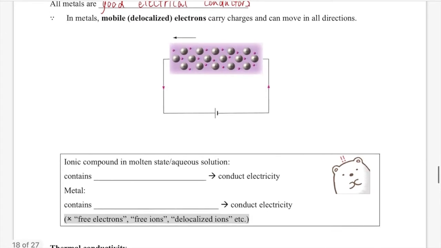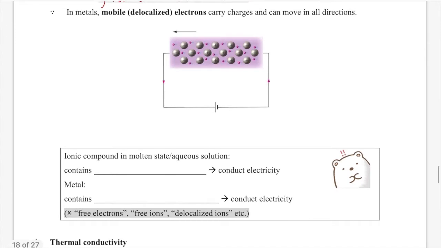Okay, and in the table, we can compare the two things that can conduct electricity. So for metal, it would be able to conduct electricity at room temperature and room pressure. That's because it contains mobile or delocalized electrons.